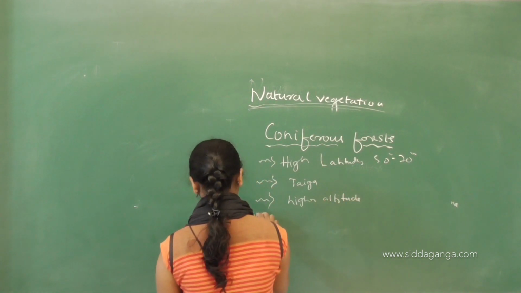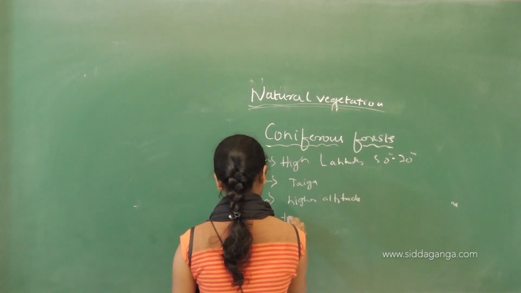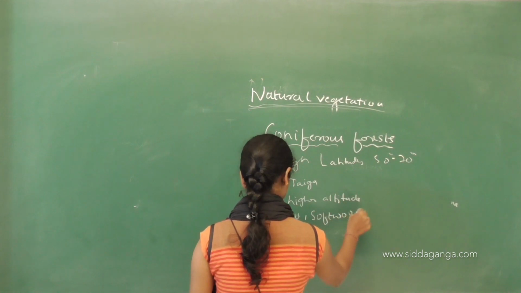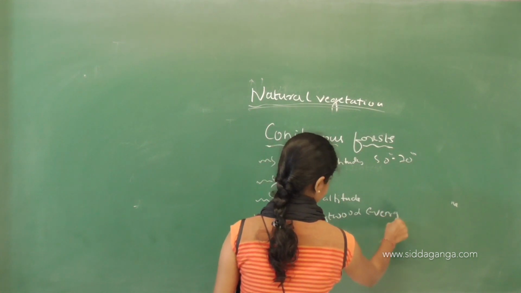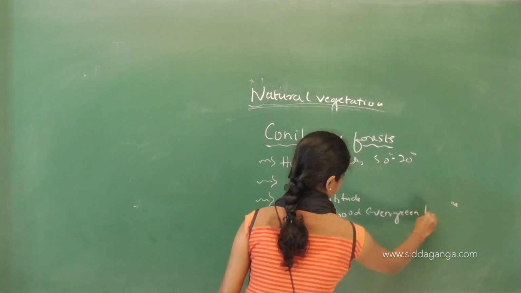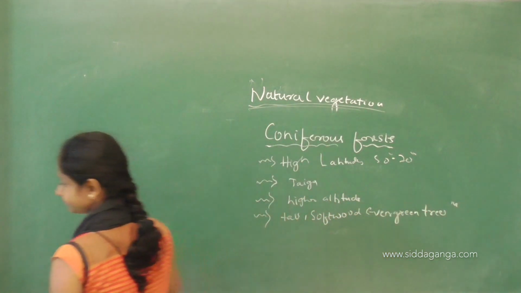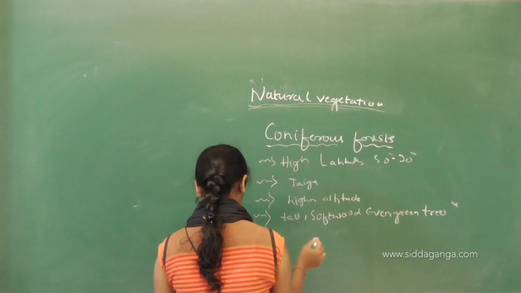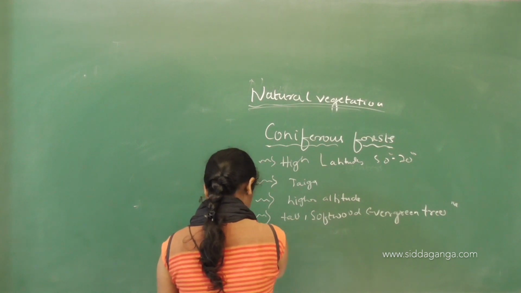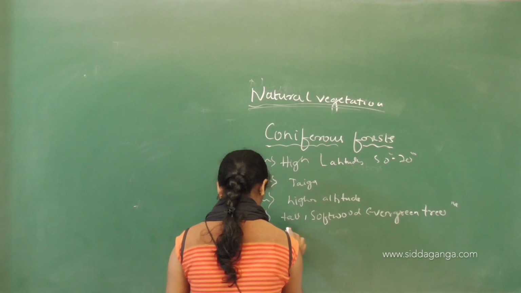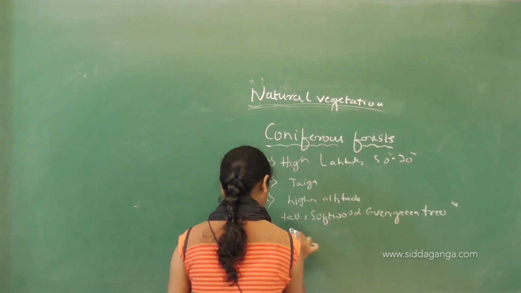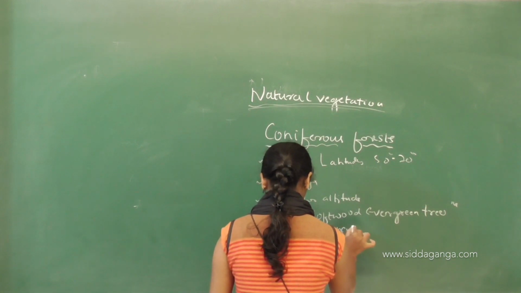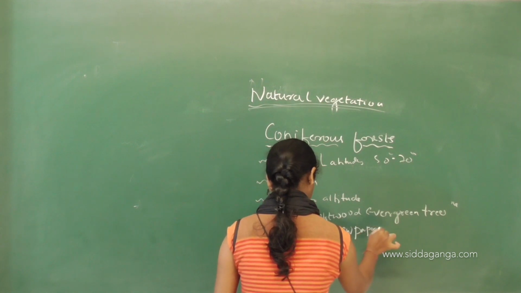They are tall softwood evergreen trees. The pulp from these trees is useful for the manufacturing of newspaper and paper.